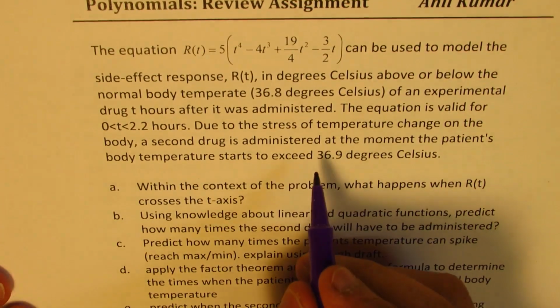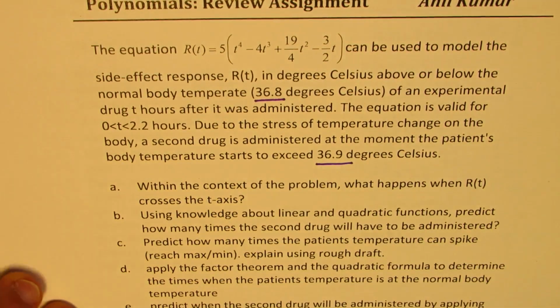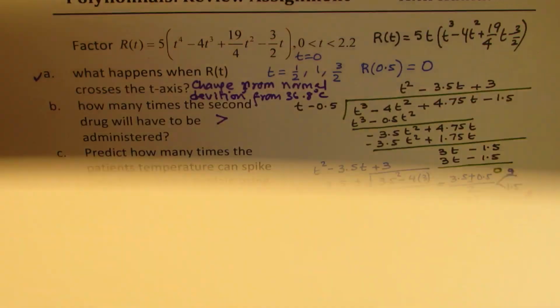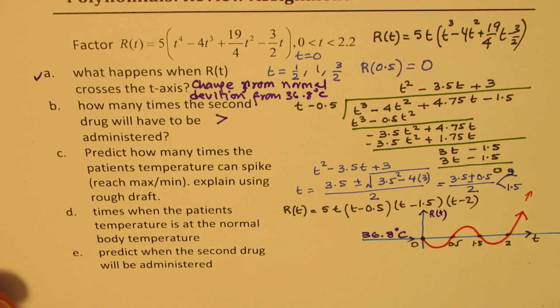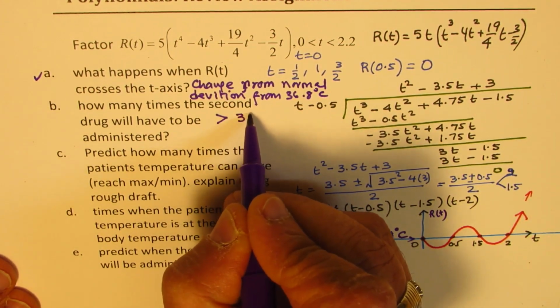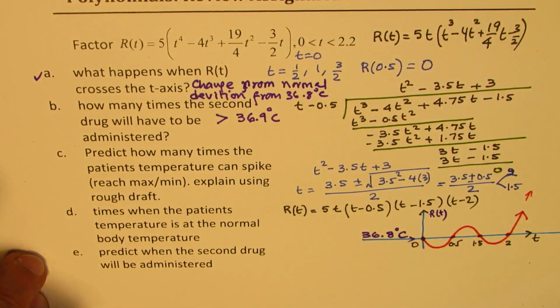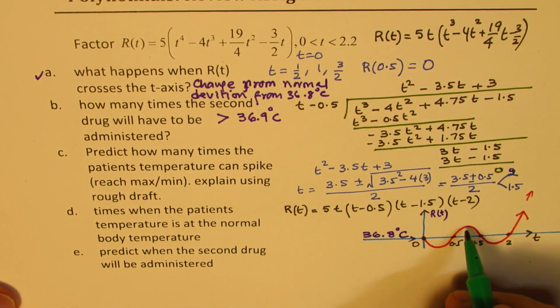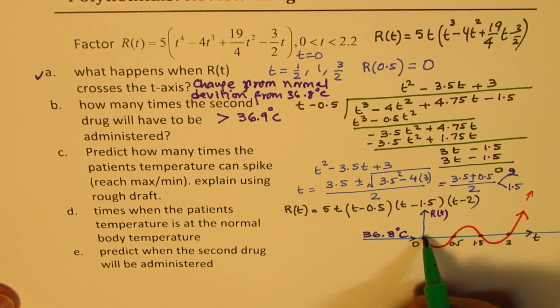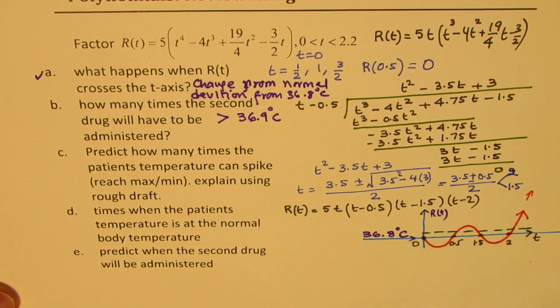They are saying when it is 36.9, and normal is 36.8, so just 0.1 degrees. So when the change is greater than 36.9 degrees Celsius, what we are going to do is draw a straight line here. We'll find the peak also, but it seems somewhere above, but below the peak, right? So that is how we'll draw a line, correct?